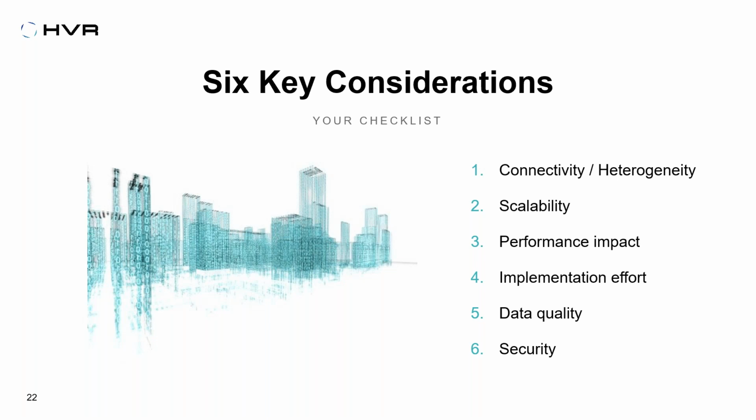The checklist, right, from a key consideration perspective: what is the connectivity? What kind of data, what kind of endpoints do you want to connect up with, right? And does the technology you're considering allow for this kind of heterogeneity in your infrastructure? Think about scalability, right?